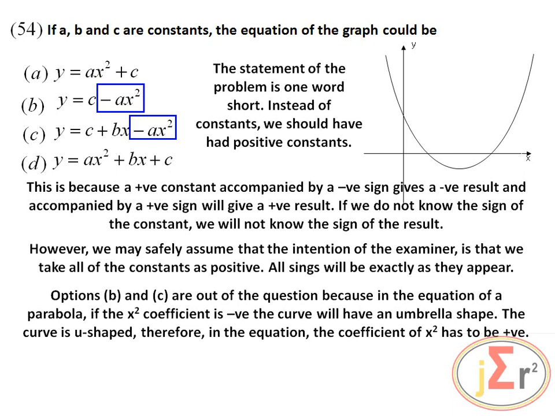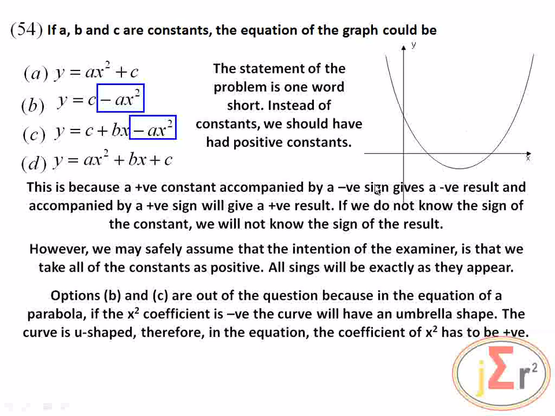So in any quadratic graph that we may draw or sketch, as long as the x squared coefficient is negative, the curve will be umbrella shaped the other way.